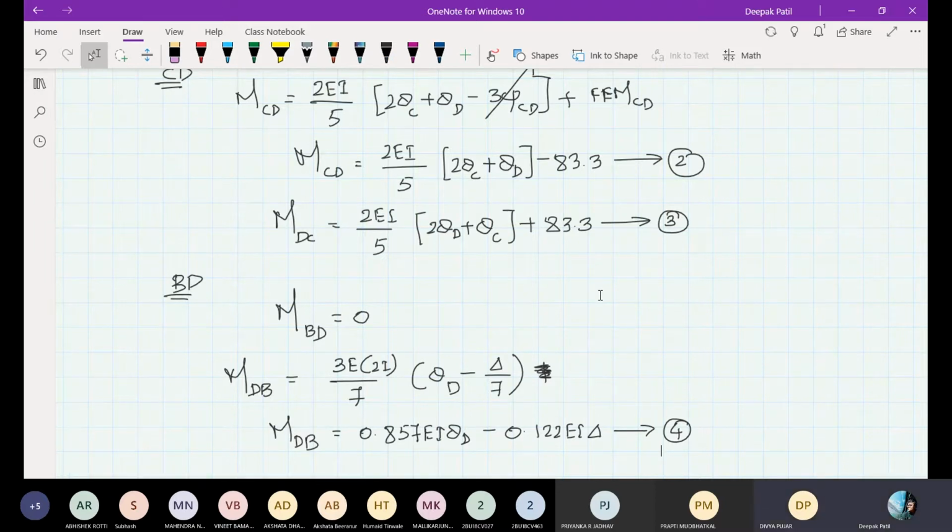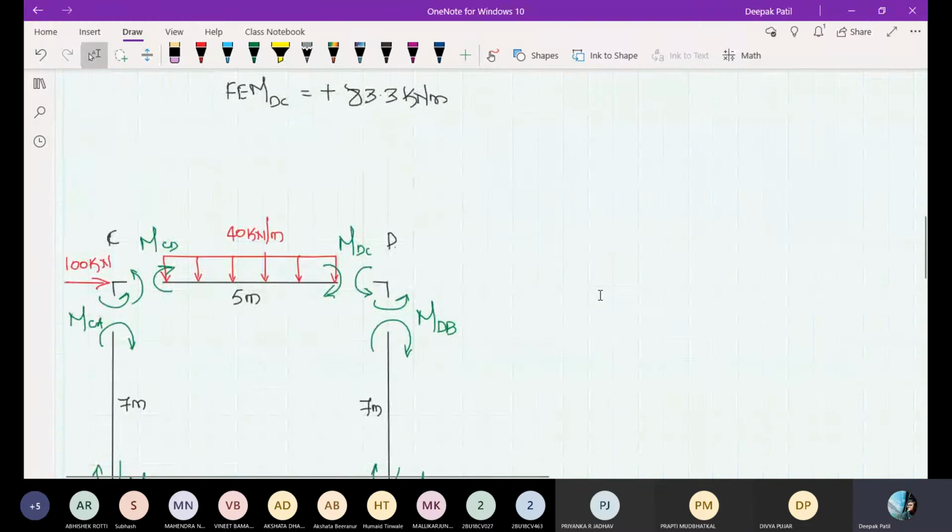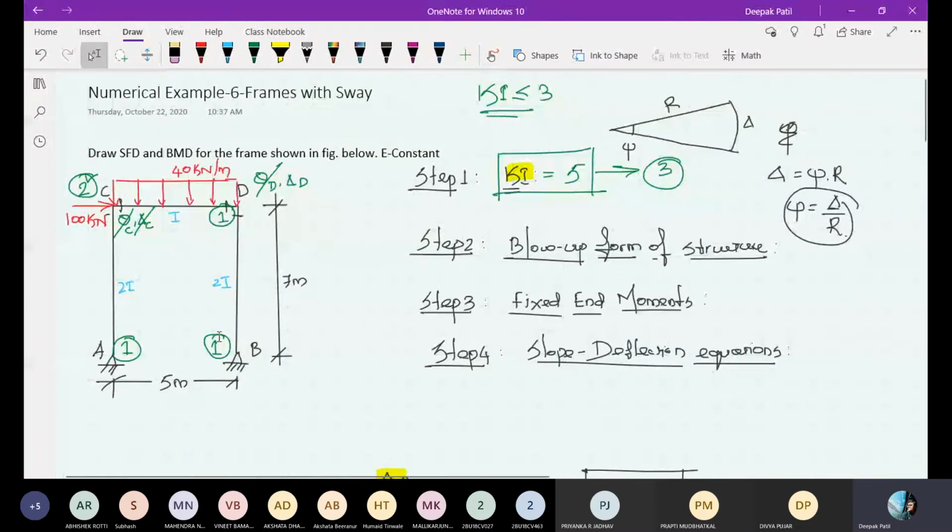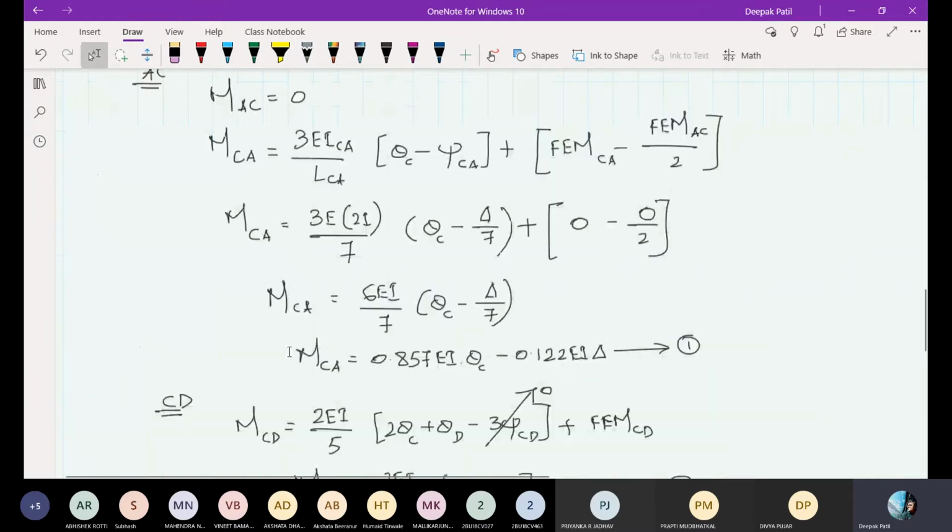Yes, sir. Okay, so we have written the slope deflection equations. I have not written the equation for MAC and MBD because both are 0. But I have written the modified and general ones for MCD and MDC, and the modified one for MDB. So totally that is 1, 2, 3, 4 slope deflection equations.